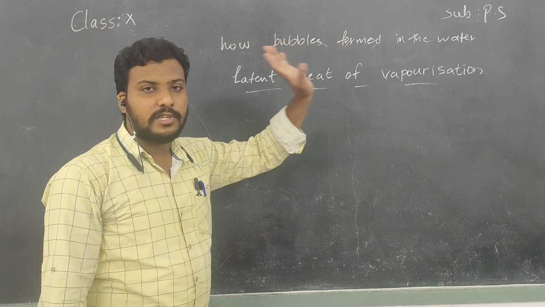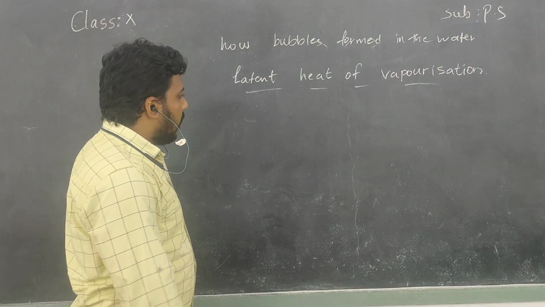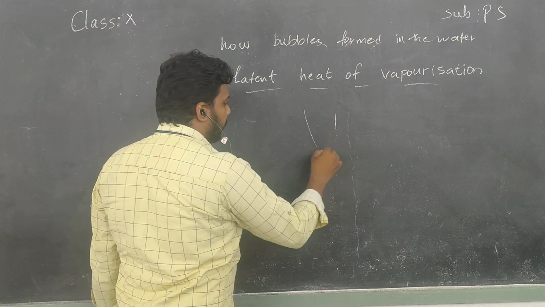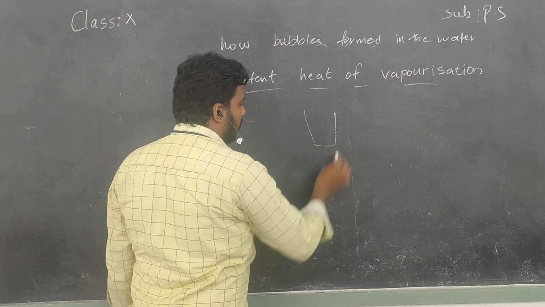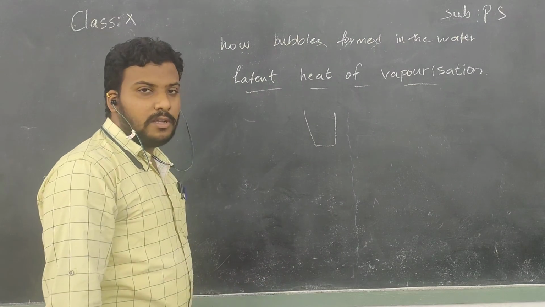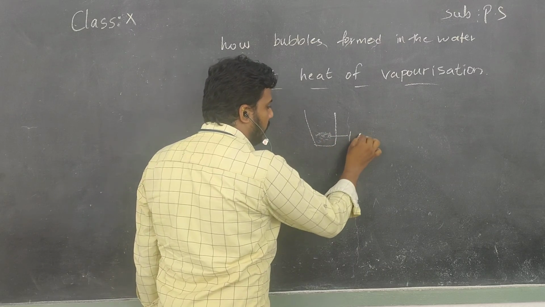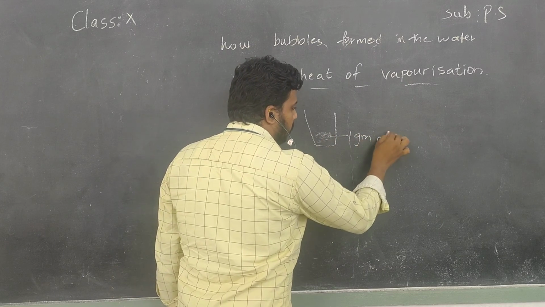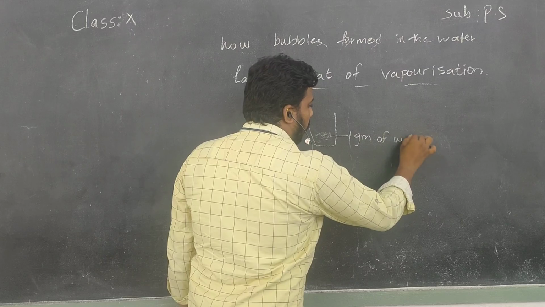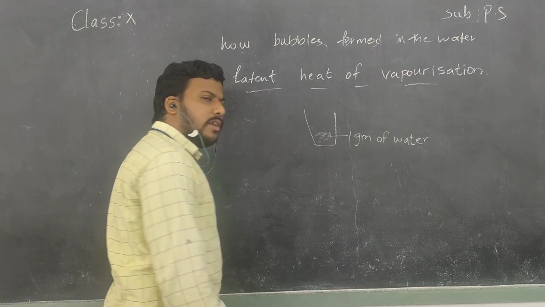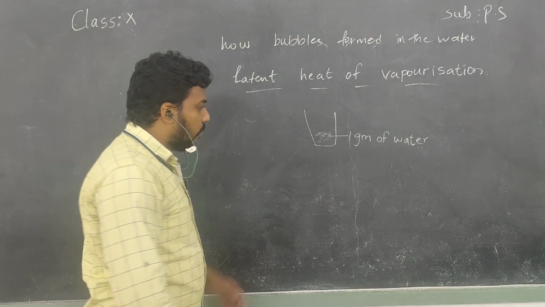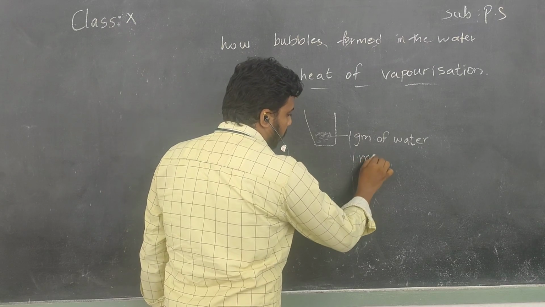Okay, children, I am taking a vessel. Again, I am taking a glass tumbler, and in this glass tumbler there is 1 gram of water. Only just 1 gram of water. You can write gram, or you can also write 1 ml of water.